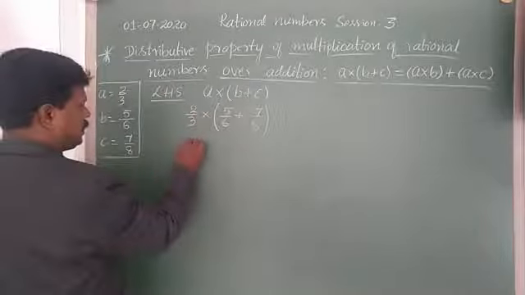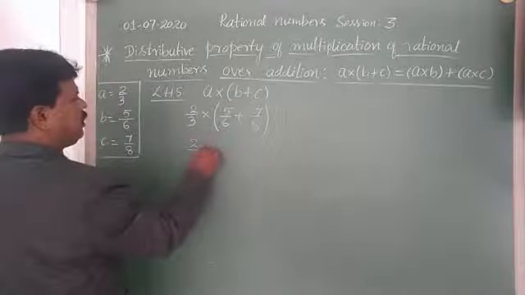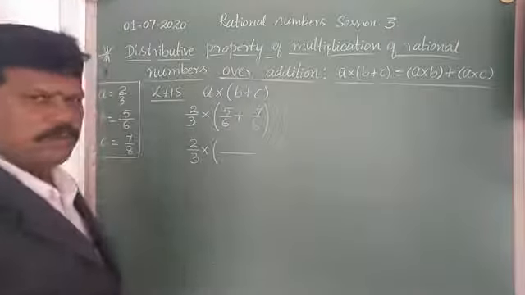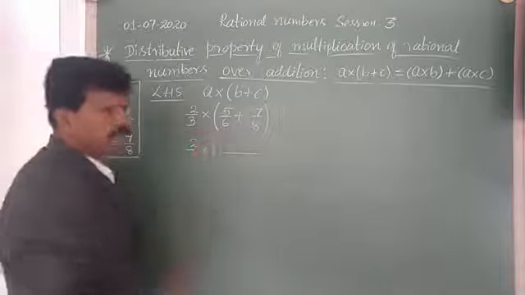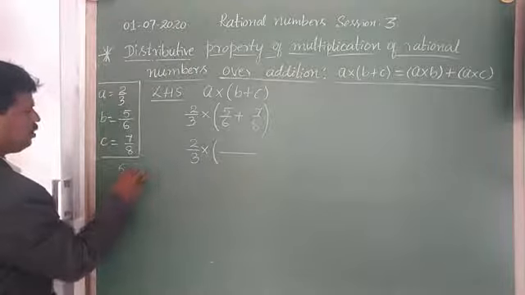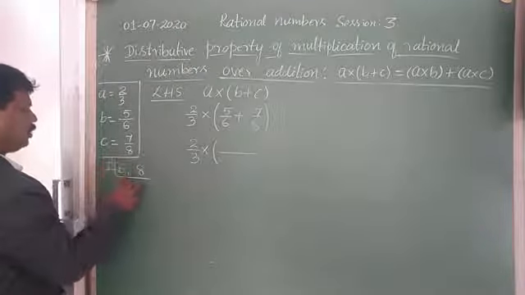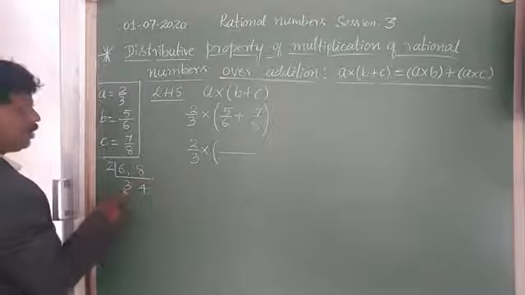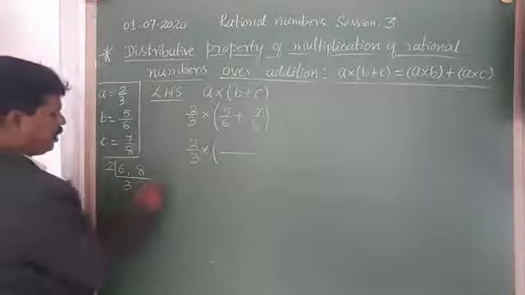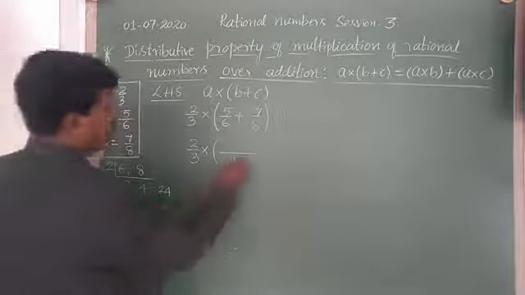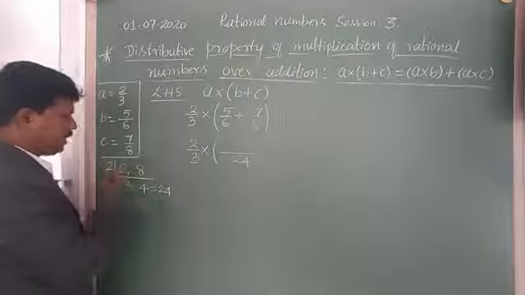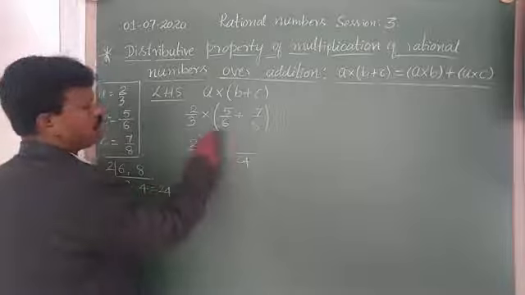Now you write this down as it is, 2 by 3 into, now look at this, 6 and 8, they are not prime, and one number is not dividing the other completely. So in this case, take the LCM like this: 6, 8, 2 table, 2 3s are 6, 2 4s are 8. Now 3 is a prime, 4 is non-prime. So take the LCM, 2 3s are 6, 6 4s are 24. So LCM is 24.